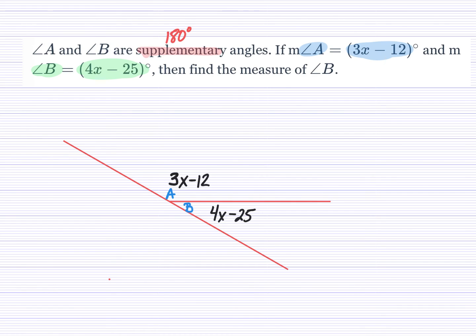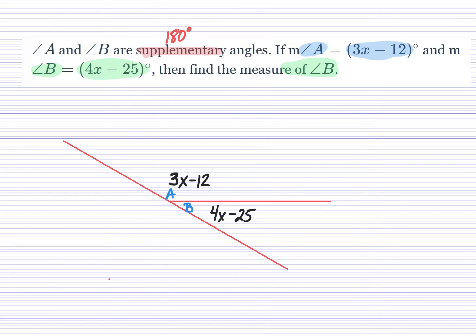And we are told that these are supplementary angles. That's why, again, I drew a linear pair. Remember, just because they're supplementary does not necessarily mean they're a linear pair, but why not make it easier on myself? Second thing I want to point out is, let's identify what we're searching for on this. We're searching for angle B, not an x value. But the first thing we need to do is set up our equation.